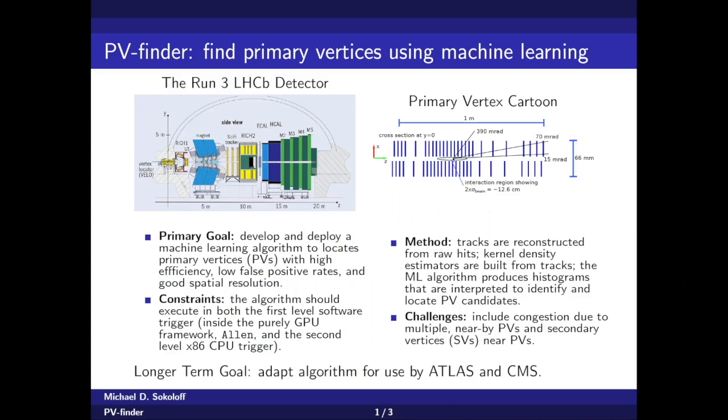The collision point, which is also called the primary vertex, is shown in the middle, and there are a series of straight line trajectories here, which correspond to charged tracks emerging from the primary vertex. They leave energy deposits in the detector. The energy deposits are reconstructed to form these straight line trajectories that we call tracks.